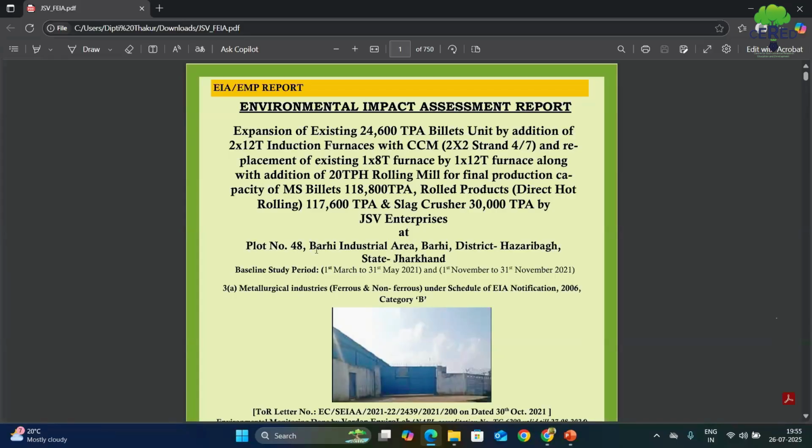It is situated at plot number 48, Barhi Industrial Area, Barhi, District Hazaribagh, State Jharkhand.